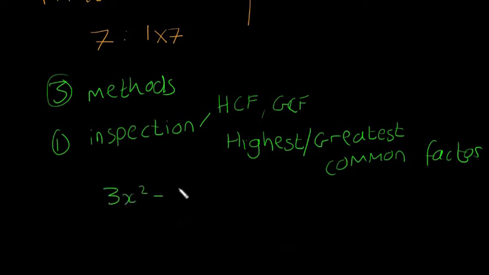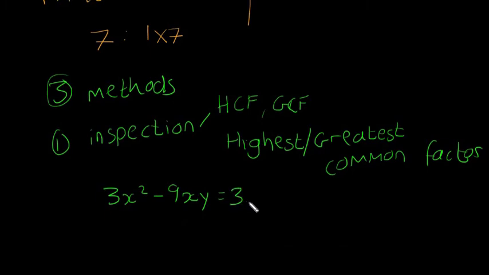3x squared minus 9xy. If we want to factorize this, basically you're going to be putting the numbers in brackets. Two things multiplied by each other, so two separate brackets. The greatest common factor, the highest thing that goes into both 3x squared and minus 9xy, in this case is going to be 3x.